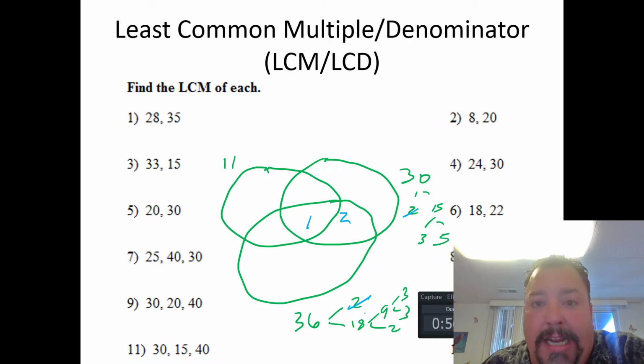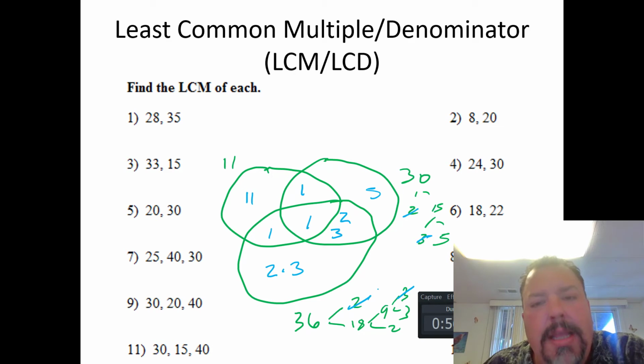They have a 3 in common, so I could put a 3 there. And that's it. Here, 11 and 30, they don't have anything in common, so I put a 1. 11 and 36, they don't have anything in common. Then the 11 is going to go here. And the 30 still needs a 5 with it. And the 36 still needs a 2 and a 3.